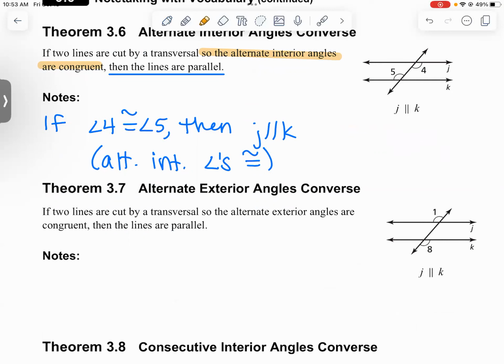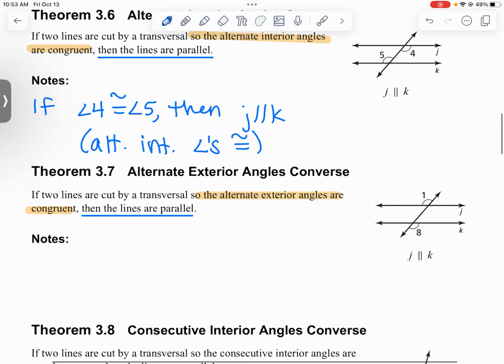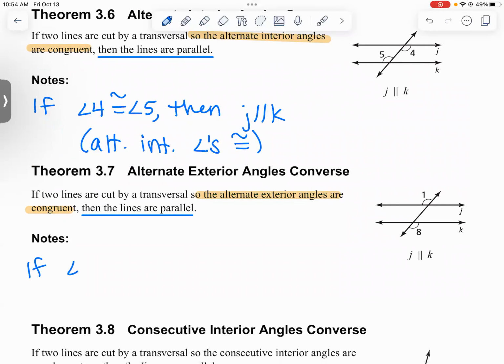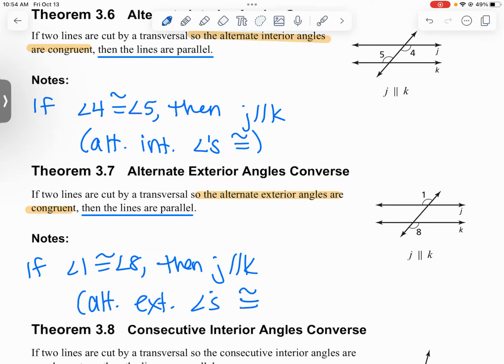Okay, same thing. Now alternate exterior angles. If alternate exterior angles are congruent, then we know that the lines are parallel. So in this picture, if angle 1 is congruent to angle 8, then we know that J is parallel to K because we have alternate exterior angles that are congruent.